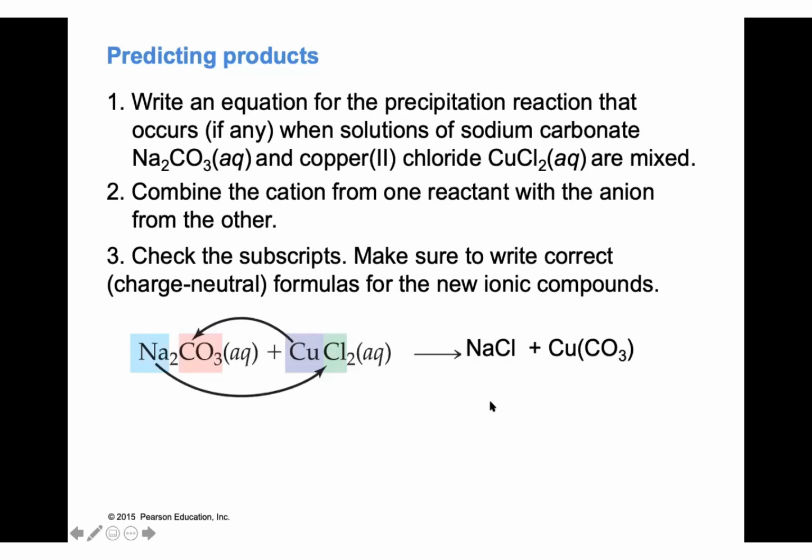Okay, guys, when you move, make sure the carbonate, which is a polyatomic ion, moves completely. CO3 2 minus should move to the right side. As I said, we switch the cations. Now let's check the subscript.